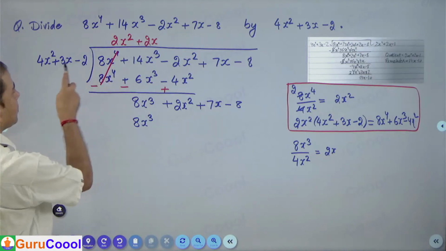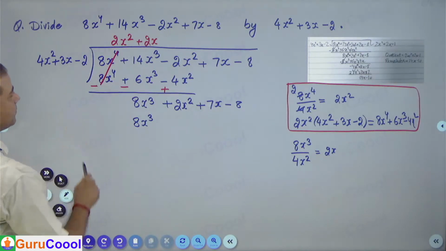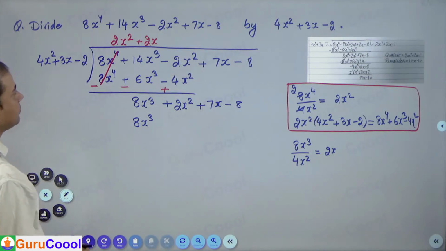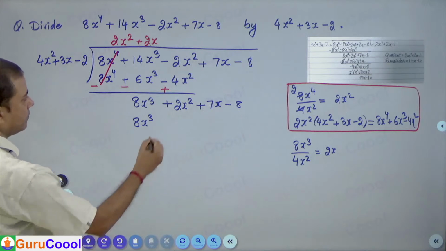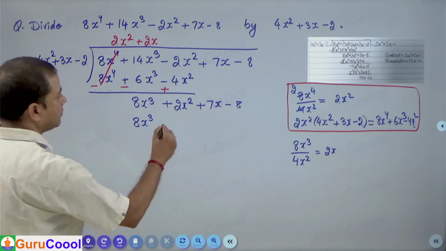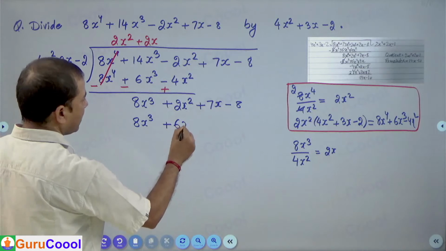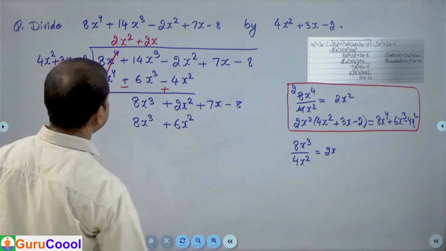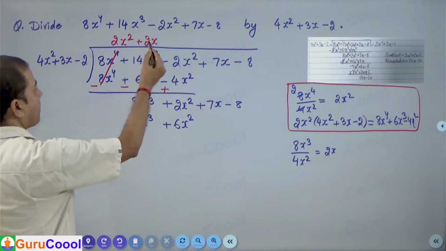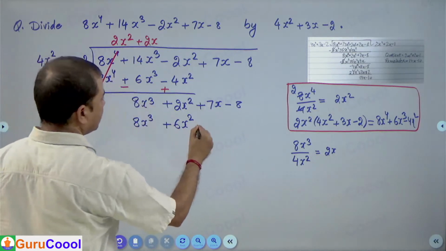Then 2x into 3x, how much? Can you say it again, sir? You are waiting to tell me. So slow. Plus 6x square, then 2x into minus 2 is minus 4x.